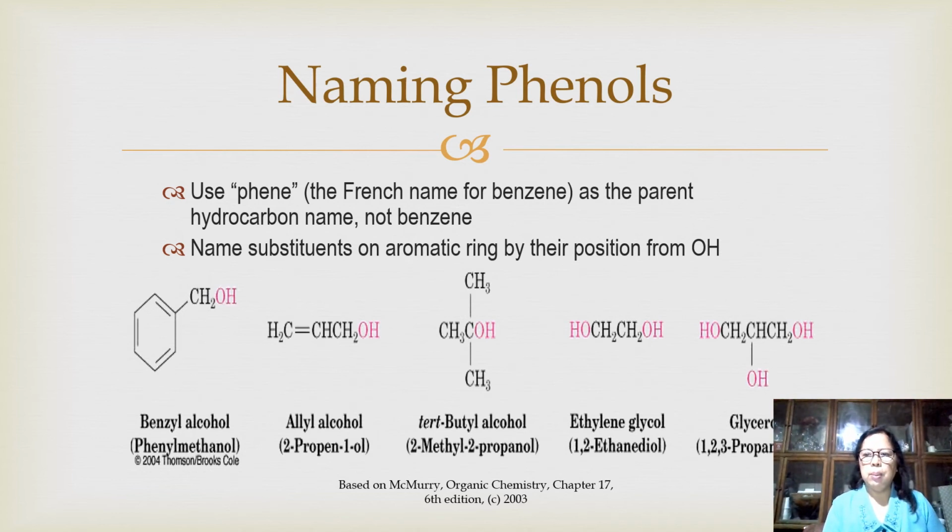The longest carbon chain is 3, so it is propanol. But since there are 3 OH groups, it is called propanetriol, and the OH groups are found in carbon 1, 2, and 3. So this one is 1,2,3-propanetriol.